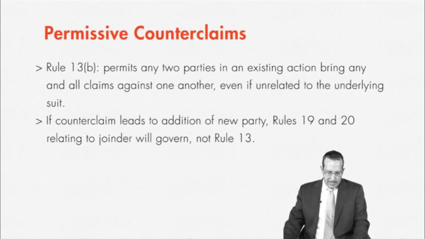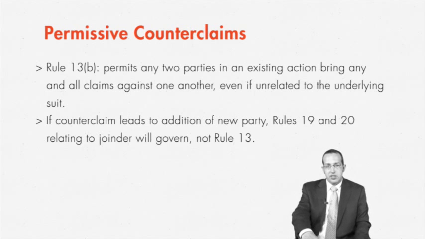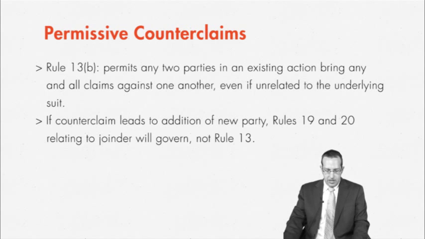If a counterclaim necessitates or militates the addition of a new party, Rules 19 and 20 relating to joinder govern, and not Rule 13. Don't assume that just because Rule 13 compels or allows me to make a new claim means that by necessity I'll be able to bring in the new party. You do not look at the cross-claim or counterclaim and decide that it's really important, and therefore bring the new parties into the suit.